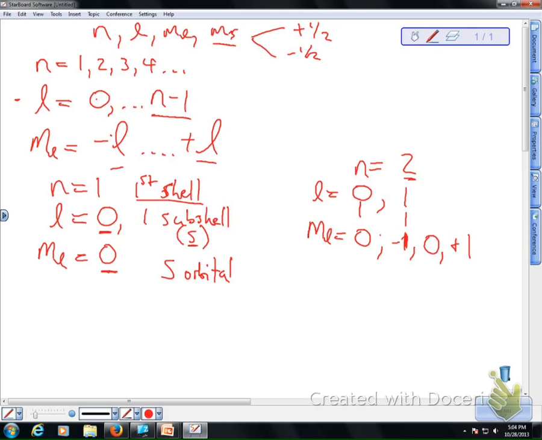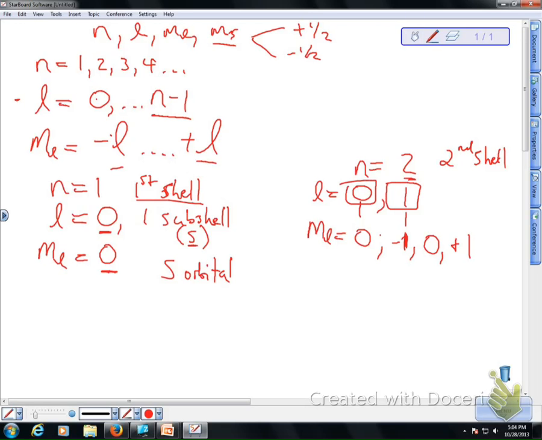Then if we look at N equals 2, this is the second shell, or the second ring. It's bigger. And as we can see, thinking back to the apartment analogy, it's not big enough for three subshells.